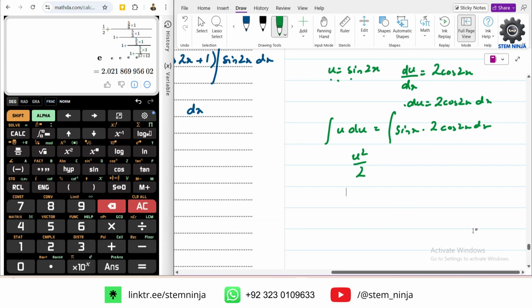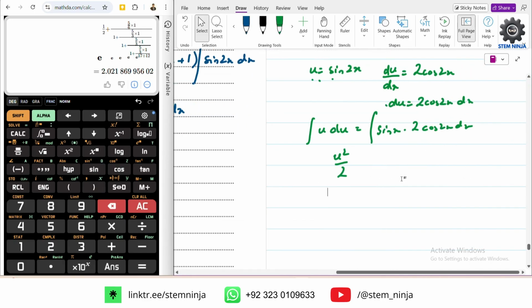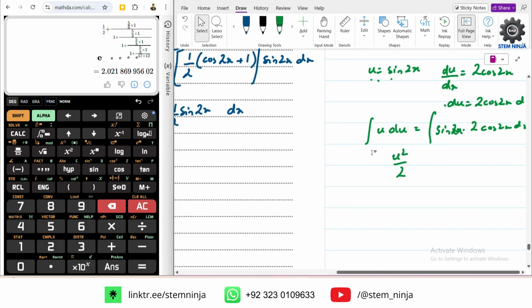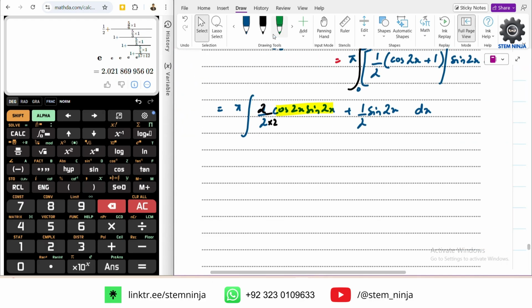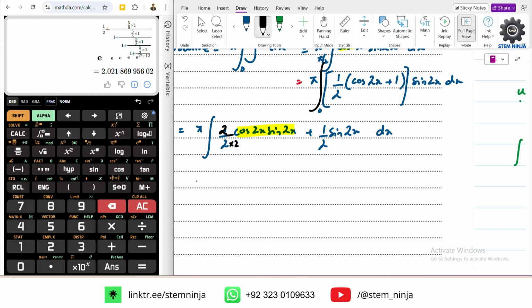So the integral would just be simply u squared over 2, which in this case is sine 2x, my bad, sine 2x squared over 2. There's a 1 over 2 already over here, so we'll multiply this by 4.